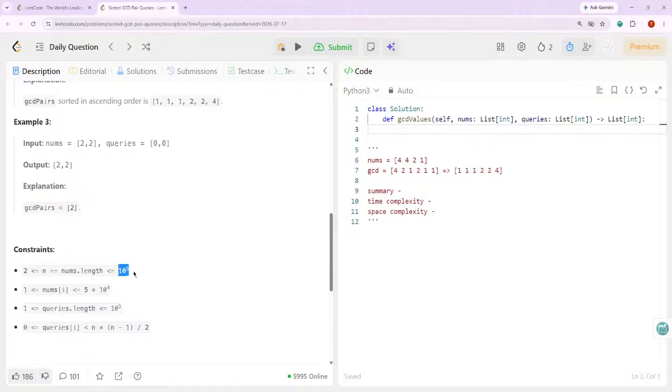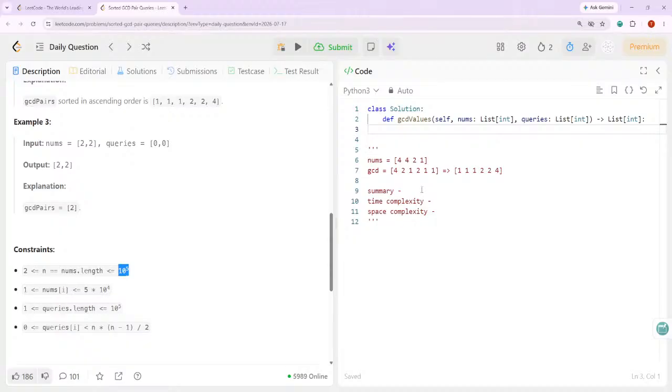To find the GCD of two numbers is like log of k. And then it'd be n squared to iterate over all possible pairings. So overall, the speed would be initially n squared log k in order to find the GCD pairs array. And then you have another n log n to sort that array.